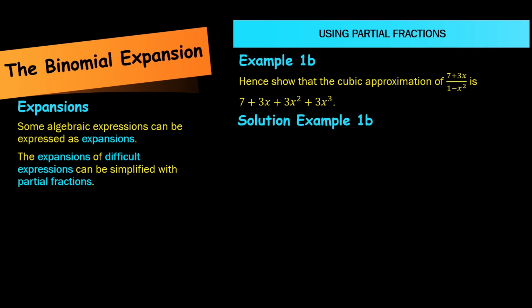So let's solve this. From part A, we know that our fraction 7 plus 3x all over 1 minus x squared is identical to these two partial fractions added together.